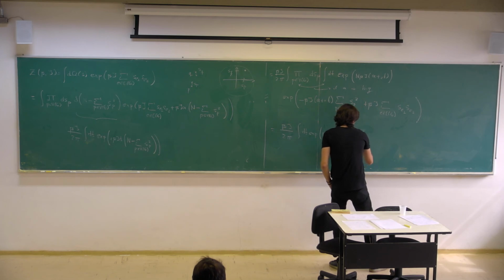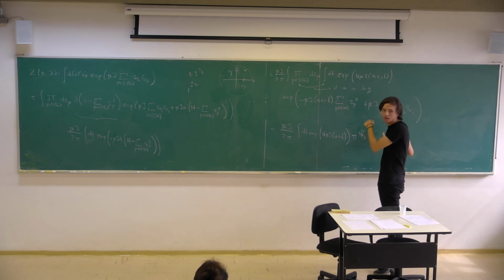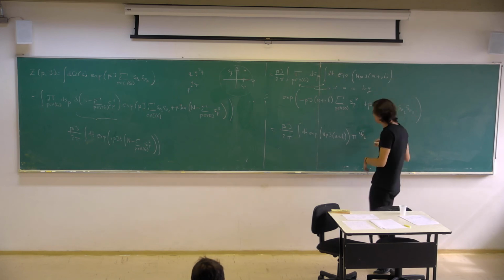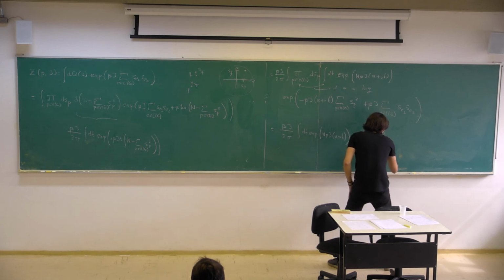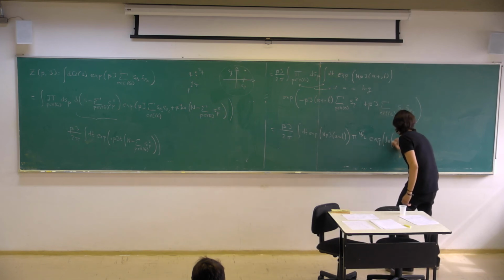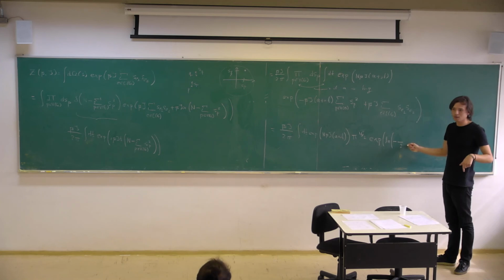So that's the pi that appears on top of every Gaussian integration, right? And then I need the 1 over the square root of the determinant, which I'm going to write as the exponential of a logarithm, of minus 1/2.